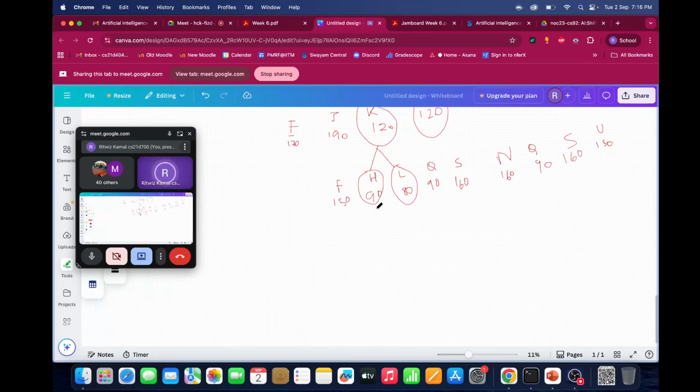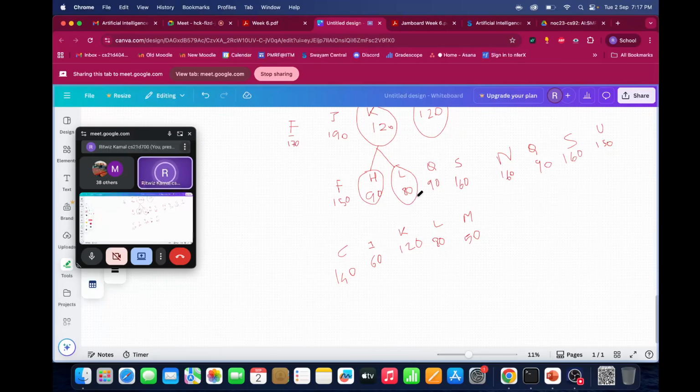Okay, so the possible children of H are C with heuristic value 140, then we have I with heuristic value 60, and then K with heuristic value 120, and L with heuristic value 80. Okay, we have one more, which is M, right, with heuristic value 50.